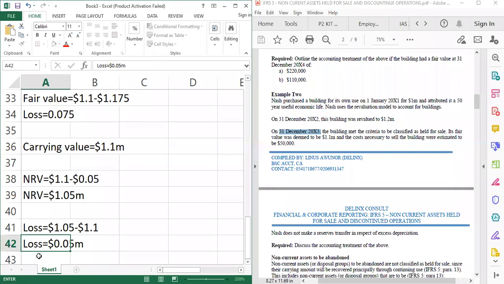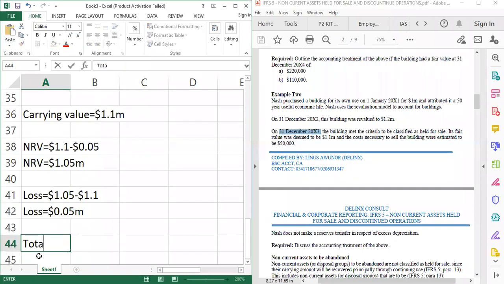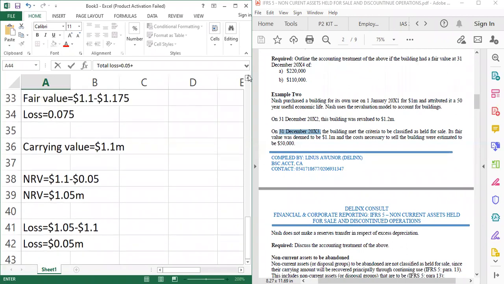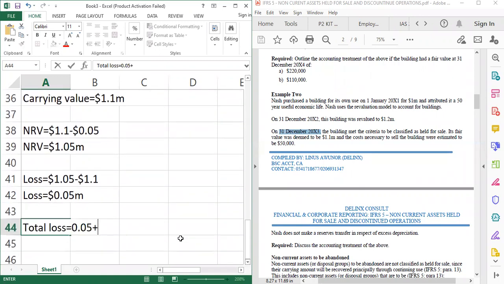Total loss will be equal to the 0.05 plus the first one, which is 0.075. So the total loss will be 0.125. So this will be the total loss.